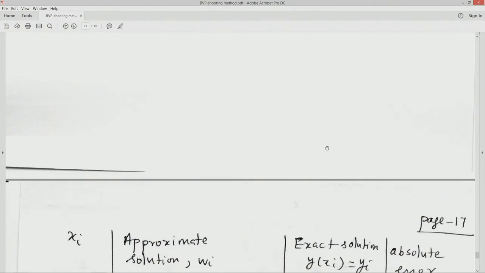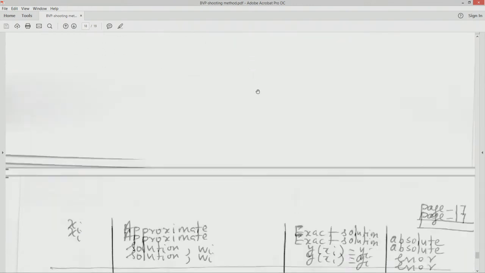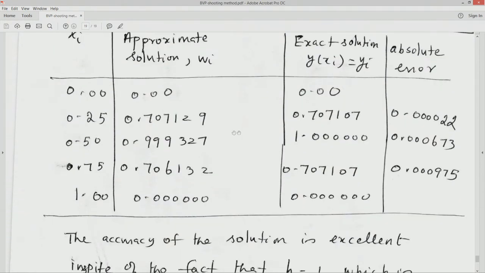What is the exact solution of this problem? It is y of x equal to sin pi x. So, that column for the exact solution gives sin pi xi at these points xi. They are written down here.